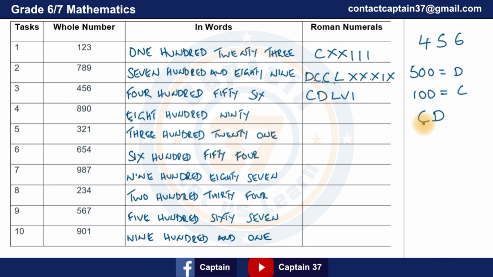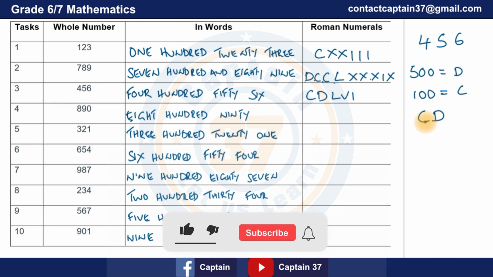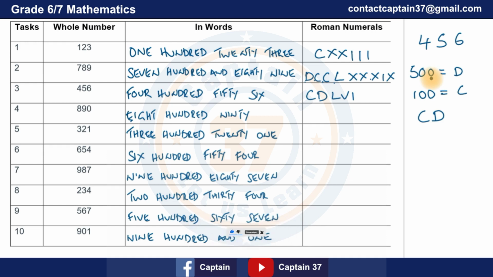C, to represent 100, is written on the left side, meaning we are going to take away C from the number on the right side, which is bigger, which is 500. So this alone represents 400. What remains then is 56.